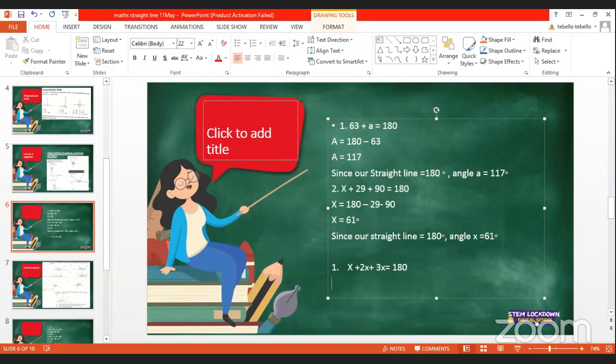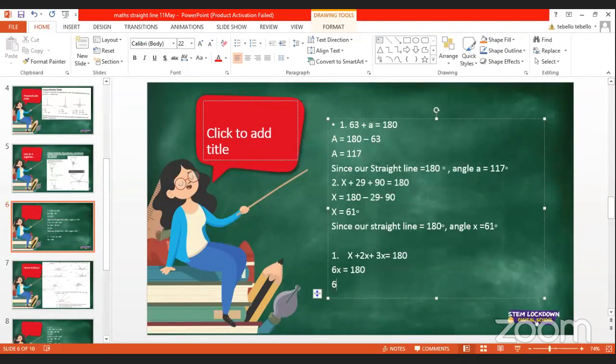So we'll have 1 plus 2 plus 3 equals 6x. So we'll have 6x equals 180 degrees, and we'll divide both sides by 6.